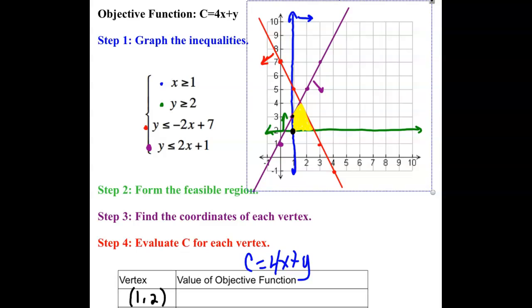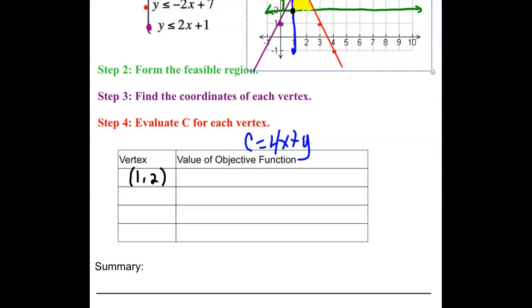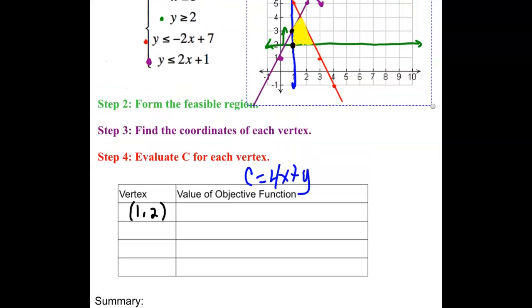Our next corner would be this one, so coordinates 1, 3. My board's not cooperating again. There we go. All right, so we said 1, 3.